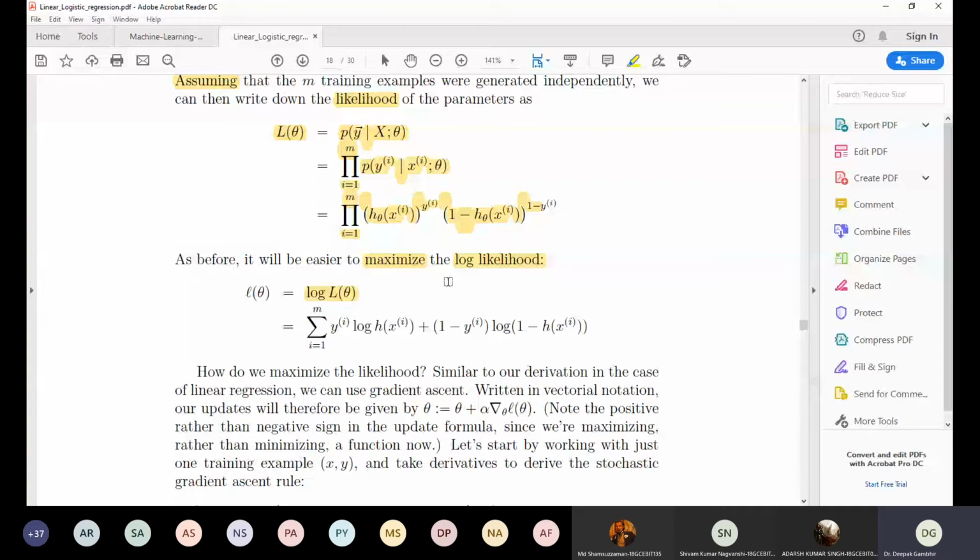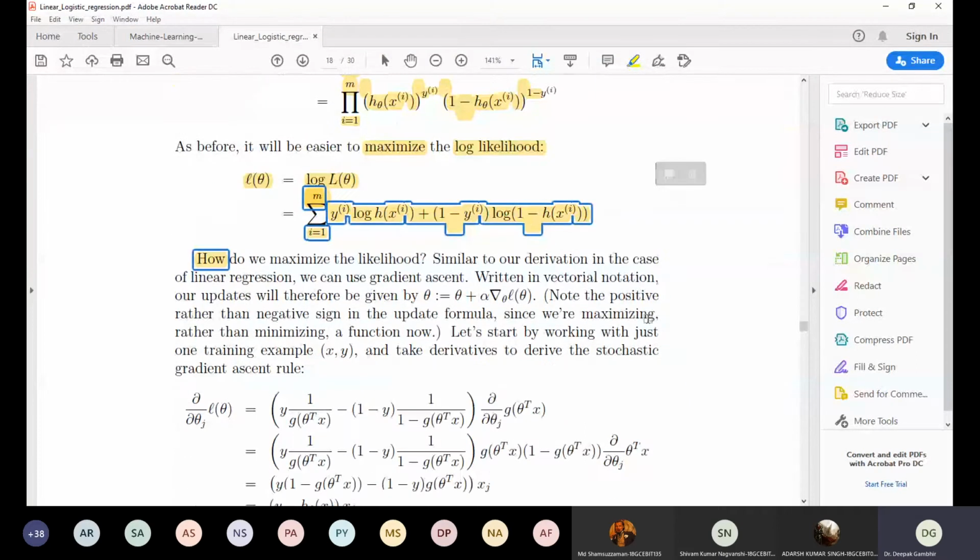If we consider binary classification, then the log likelihood is the log of the above function. If you take the log of that, the power comes ahead, and it is the log of the first term. Similarly, the multiplication turns to plus, and the 1 minus y comes ahead, with the log of the second term.